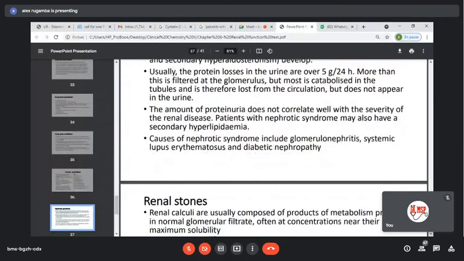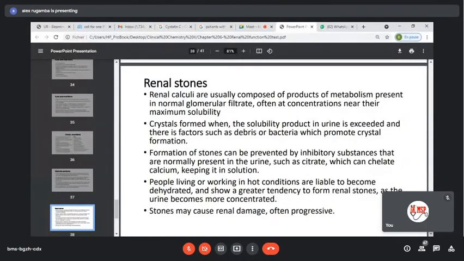Now for the renal stones. Renal stones, or renal calculi, means there is presence of stones or crystals in urine. The crystals are formed when the solubility product of urine is exceeded, and there are factors such as debris of bacteria which promote crystal formation.